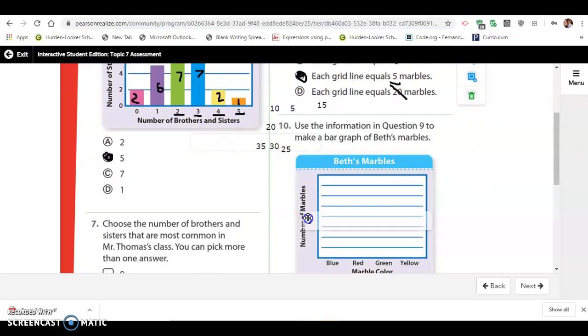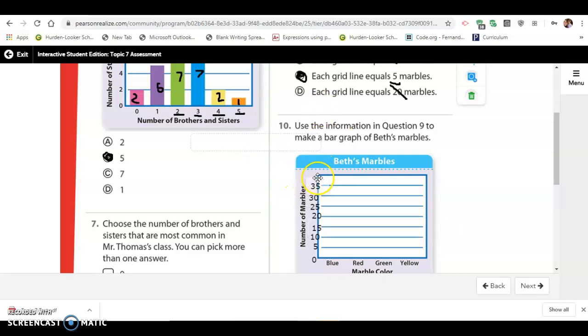So 0 goes in the corner. 5 will go on this line. 10 would go above it. 15, 20, 25, 30, 35.